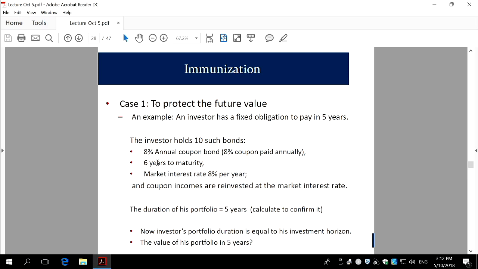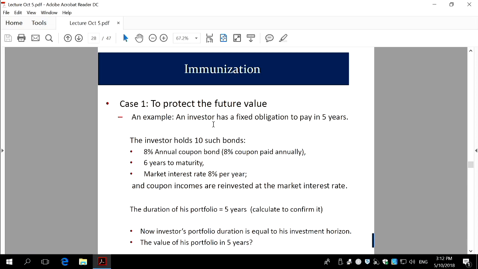Even if the maturity of your bond is 6 years, but your investment horizon is 5 years, and the duration of your portfolio is also 5 years, then if those two match, the value of your portfolio at the end of the 5th year would be unchanged. It doesn't matter if the interest rate goes up or down. At the end of the 5th year, you get the same amount of money, right? So the interest rate risk is just eliminated. You don't need to care about the interest rate fluctuation anymore.